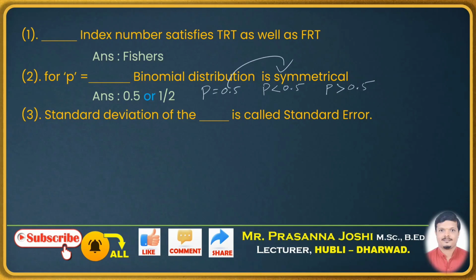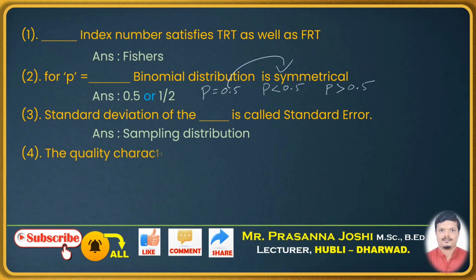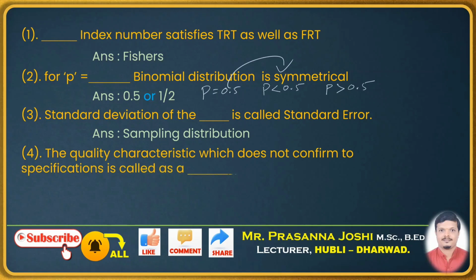So standard deviation of the sampling distribution is actually called as standard error. That's why the answer is sampling distribution. Next question. The quality characteristic which does not conform to specifications is called as dash.